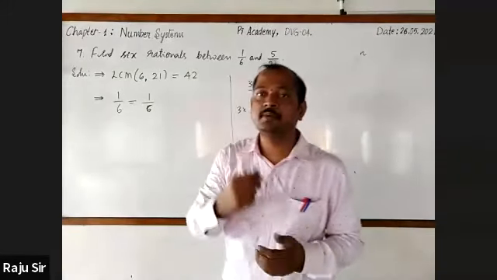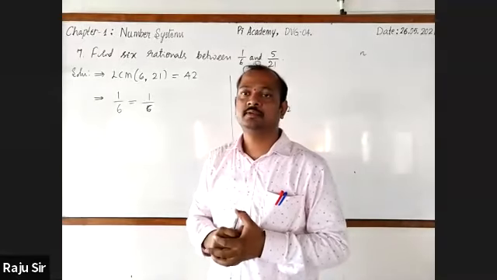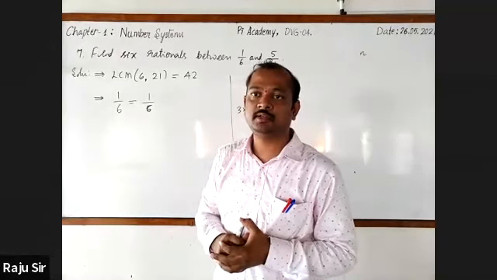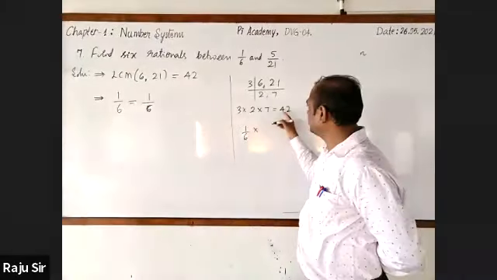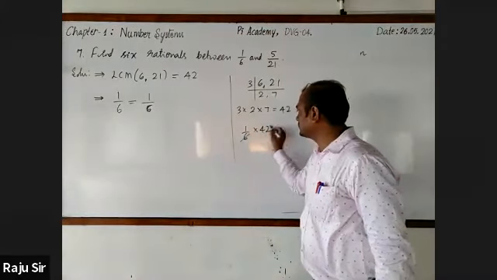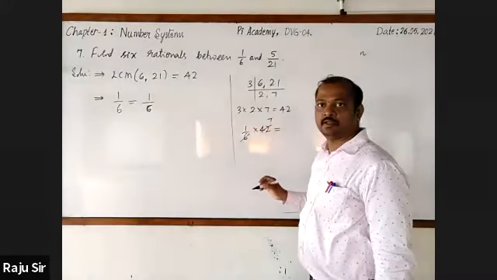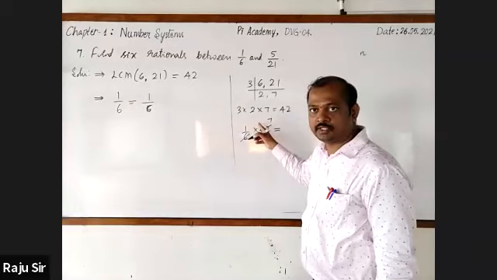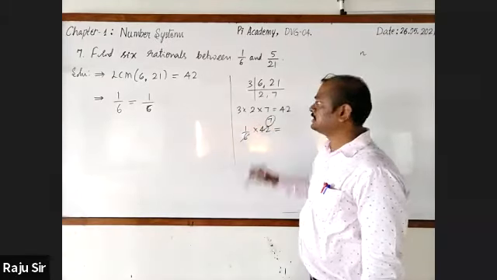But which number should be multiplied to the numerator and denominator? 7. Not 42, 7. Please observe the board. Here 1 by 6 is there. Whatever LCM you got, 42, divide by 6: 6 sevens are 42. So 7 is there.